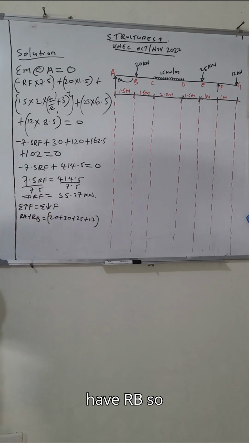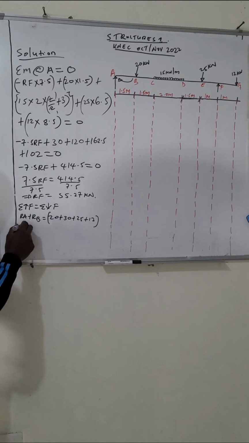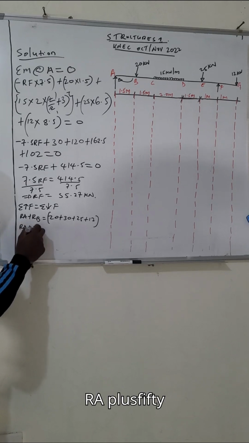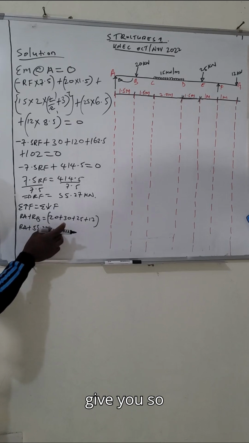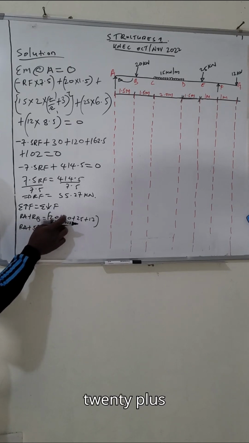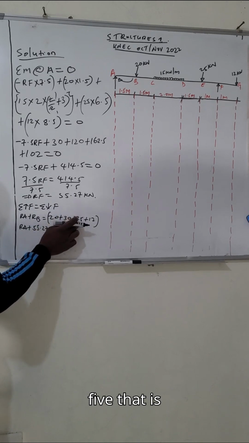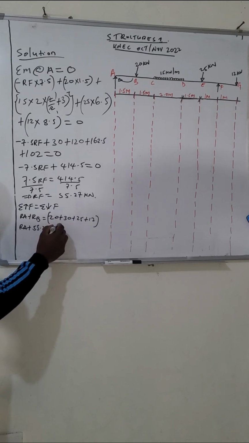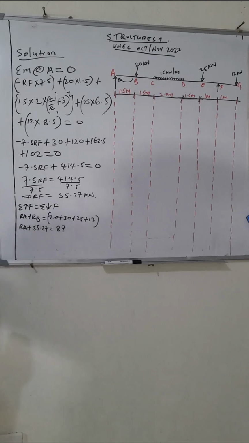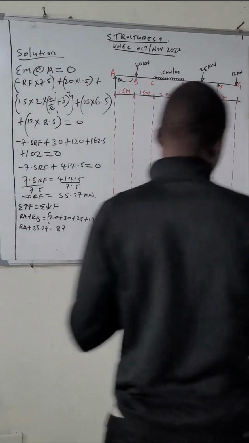Already we have RF, so RA plus 55.27 equals 20 plus 30, that is 50, 50 plus 25, that is 75, 75 plus 12, that is 87.